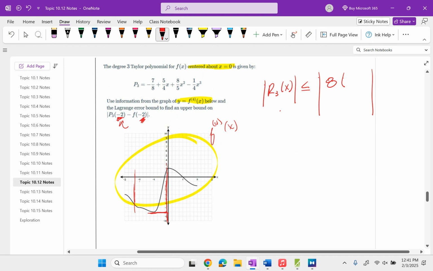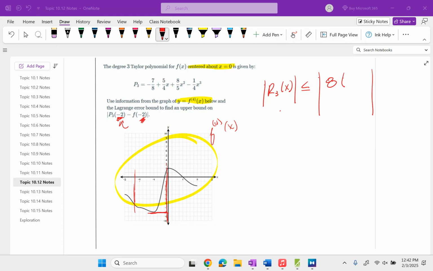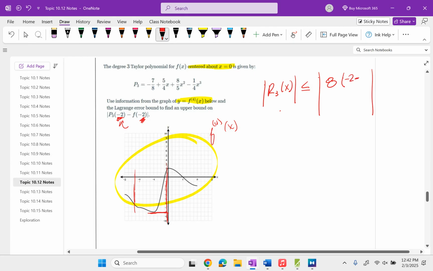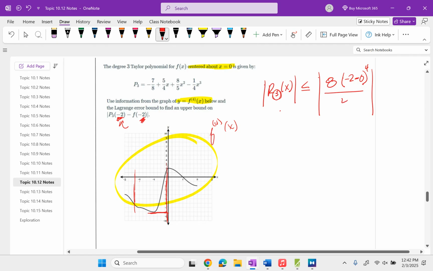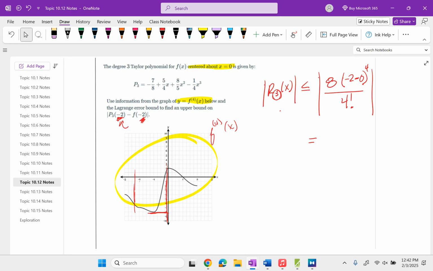All right, then we're going to figure out what the x value is that we're actually calculating at. Help me out. What's the x value we're actually calculating at or estimating? -2, minus our c value. What's our c value? 0. To the, I have to do what to this guy? Add 1 to the 4th, divided by 4 factorial. And then this is what they want typed into Delta Math. Oh, they did their absolute values in a weird place.